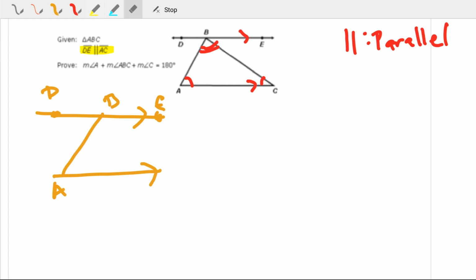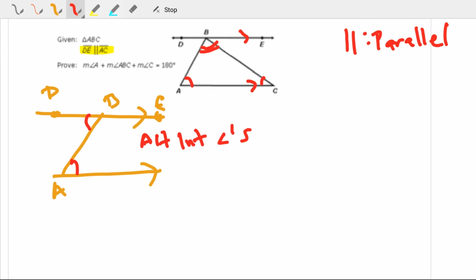So what that means is I'm going to only focus on this angle right here. Now, look at angle A right there. We right now don't know what that is, but what we do know is that we have some alternate interior angles. Which ones?